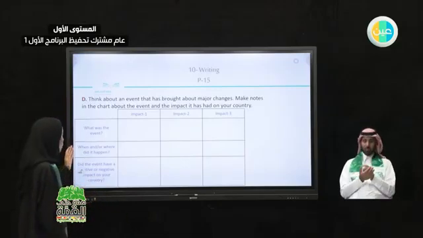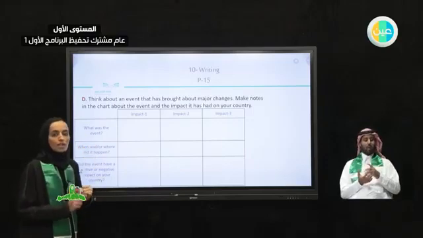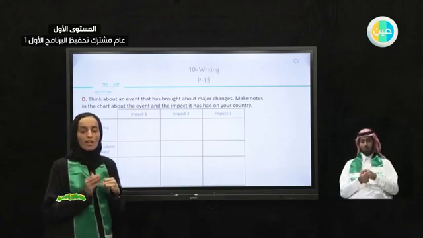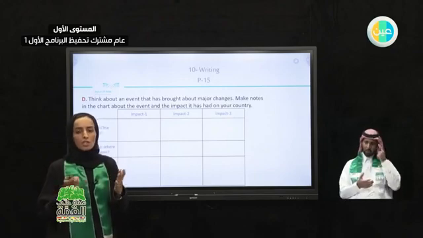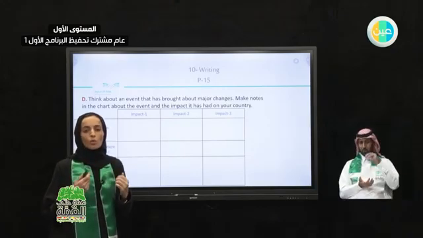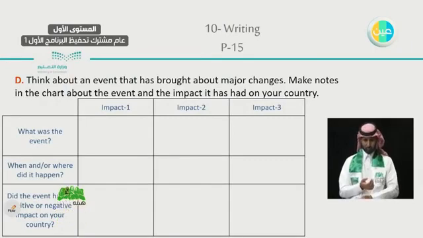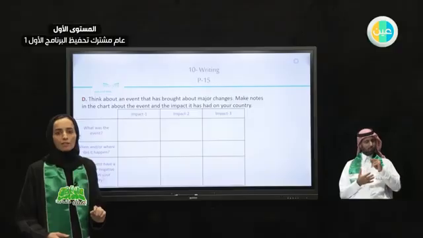Number 2, when and where did it happen? Time is important. When did the change start and where did it start? Did it start in this country or that country, at what date, which year? Next, did the event have a positive or a negative impact on your country and on your life?